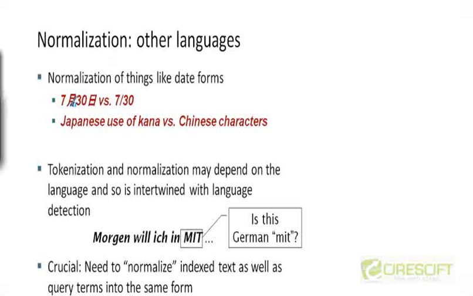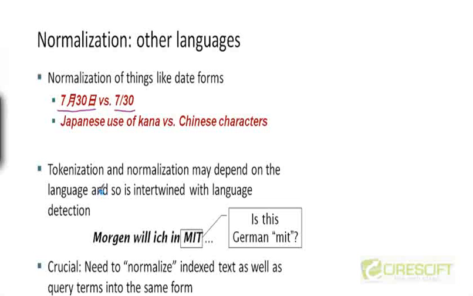In some other languages like Japanese, for example, dates are written in this particular way. So they need to be mapped to the same term as the same date written in this particular way in languages like English. We also saw last time that the Japanese character set is pretty complex in that they use 4 different scripts, and a single word can be written in 4 different ways depending on which of those 4 scripts you use to write that word.